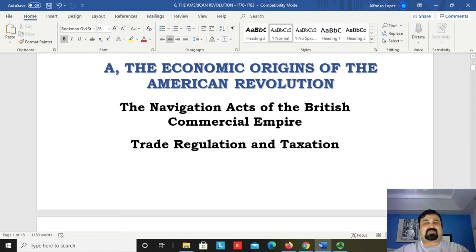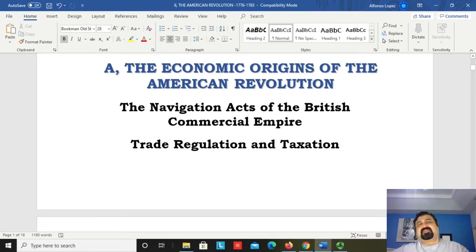It was so easy to do so because trade was not regulated in the very beginning of this process of colonization. There was not 100% supervision that the colonies must ship all their products on British ships that would be sent to London.